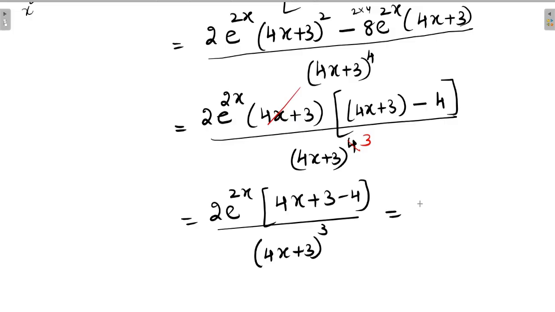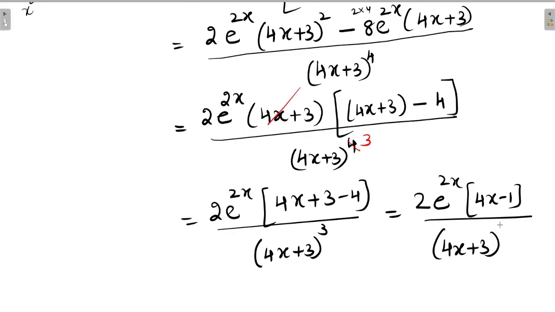This is equal to 2 times e power 2x into 4x minus 1 divided by 4x plus 3 the whole power 3. This only we have to show the answer. This is the simplified form of the differentiation.